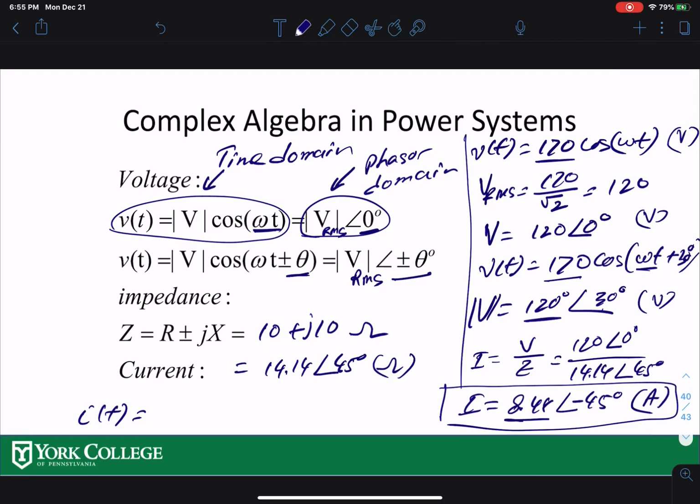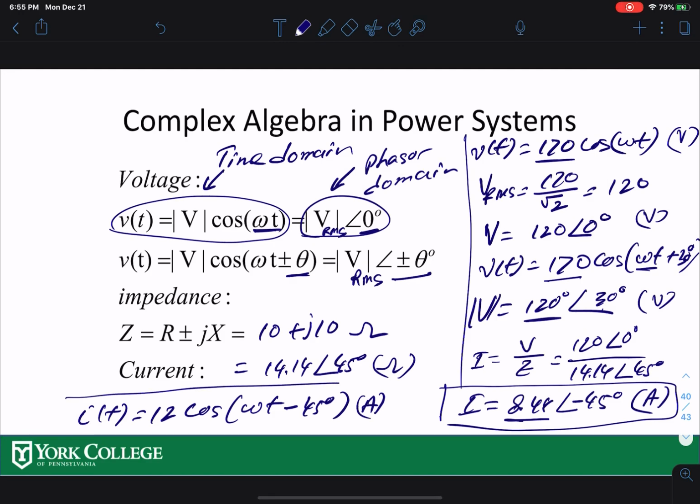Let's see, did I make a mistake here? 120 over 14.14. Yeah, fine. So it's 12. And cosine omega t, there's an angle here, negative 45 degree amps. So this is the time domain current in your circuit.